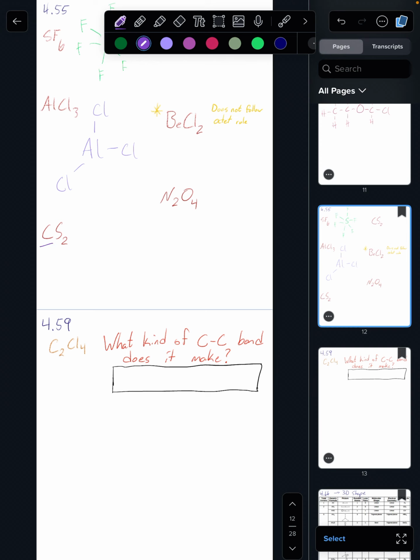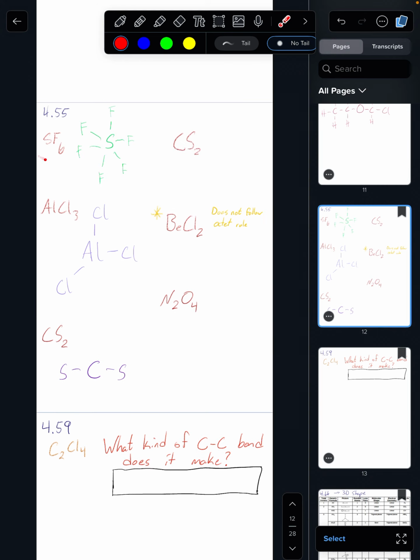Now, we can see this carbon is connected to this. So we have a carbon connected to the sulfur. But as you can see, this carbon is not happy. It only has the 2. Doesn't have the 4. And we know from this first problem that sulfur likes to have 6.